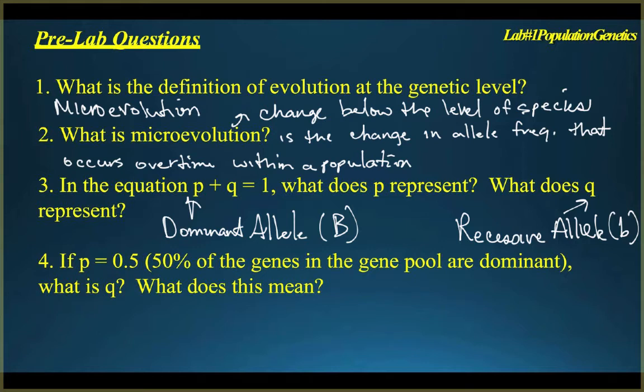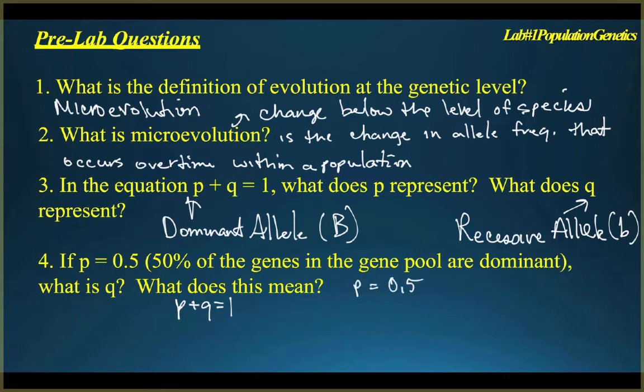If P equals 0.5, or 50% of the genes in the gene pool are dominant, what is Q? What does this mean? And so we can use the whole P plus Q equals 1 to do this, right? I always write these two equations at the top of mine so that I can just look and always refer to it. So P equals 0.5.